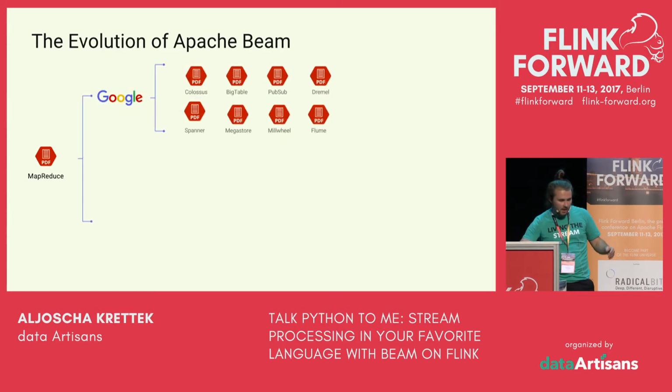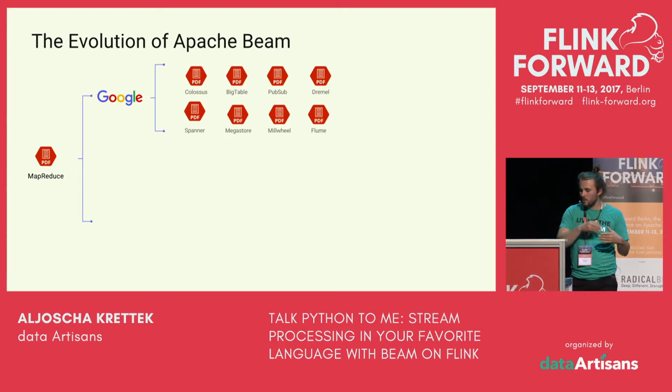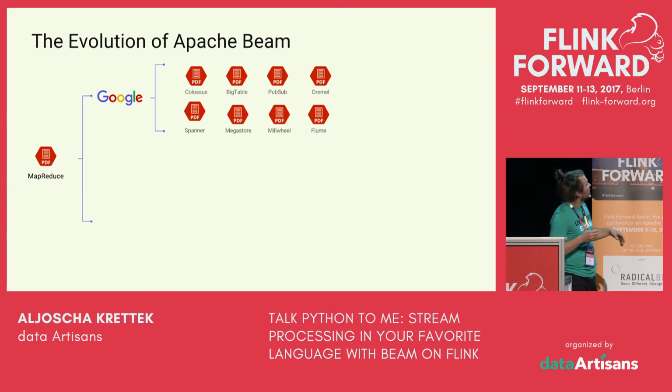But while the open source was working on MapReduce, Google kept working internally on their systems. So there is Flume, not to be confused with the open source Flume, but this is FlumeJava, which is an evolution of the MapReduce APIs. There's Millwheel, which is their streaming system at that time, and a lot of other systems.